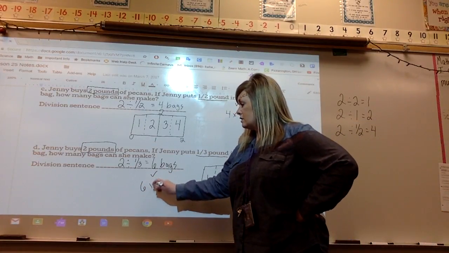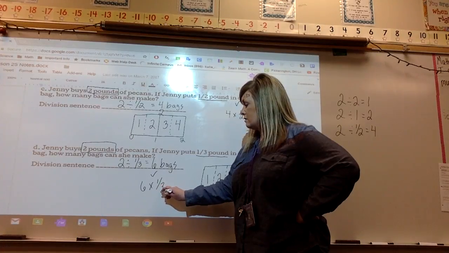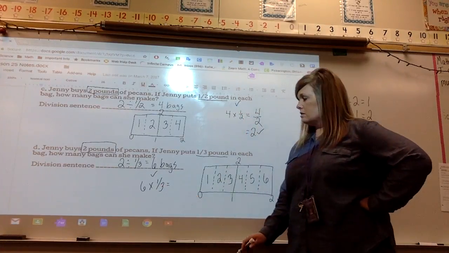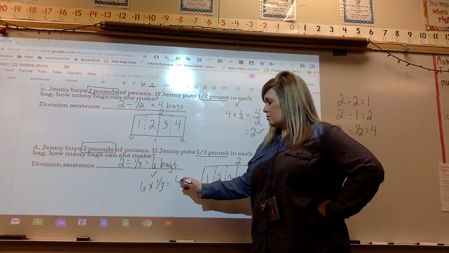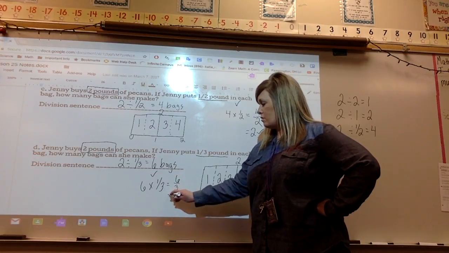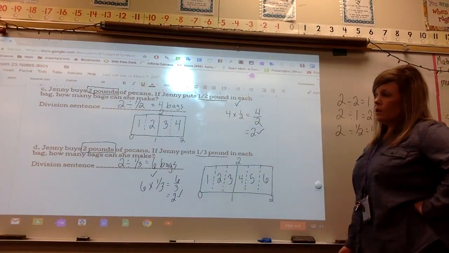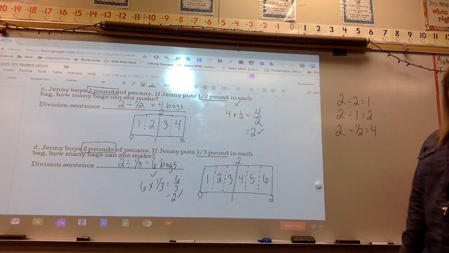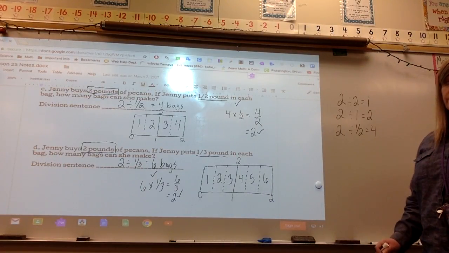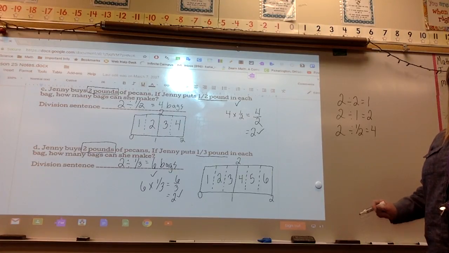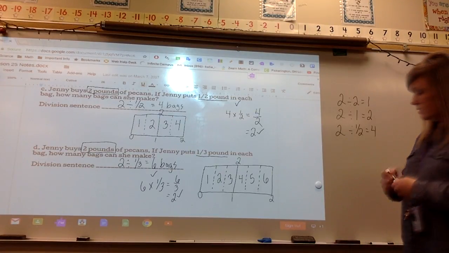Answer times divisor equals 6 times 1 is 6 over 3, which equals 2. Check. Got it. All right, I want you to read problem E on the back, and you can start it while I erase and scroll up.